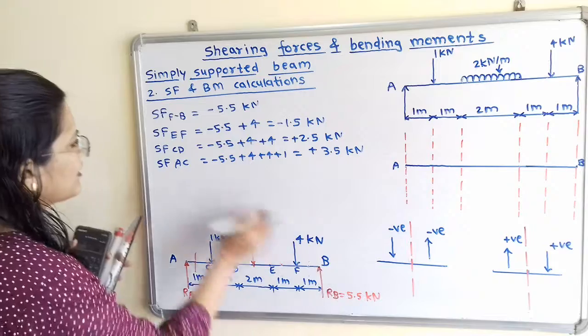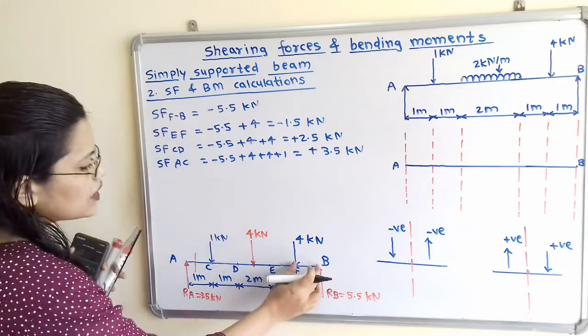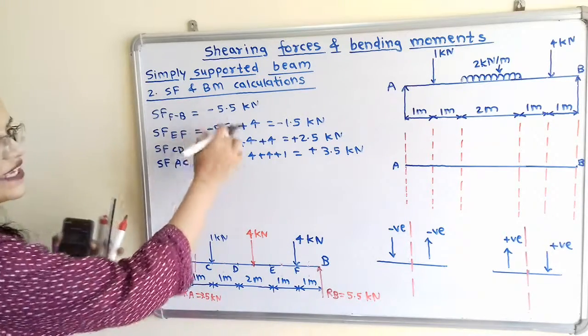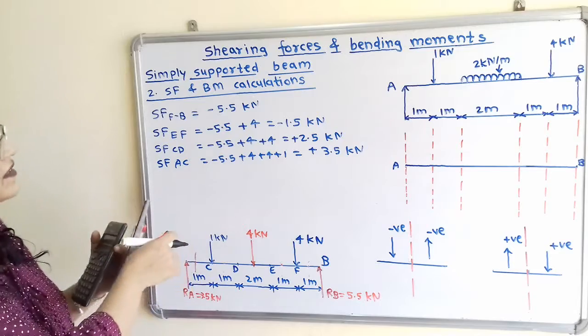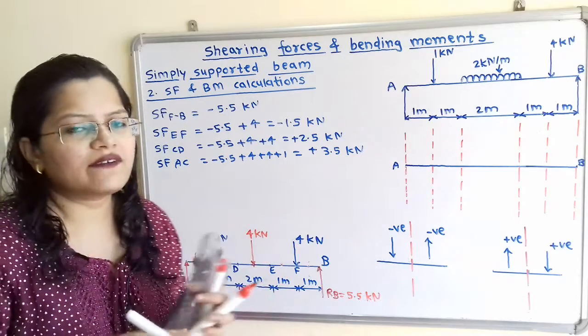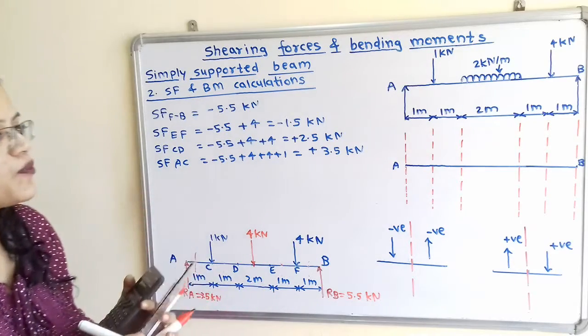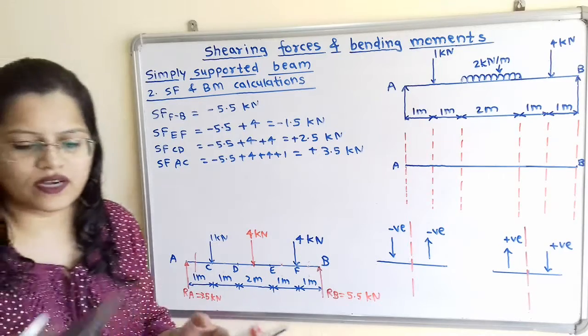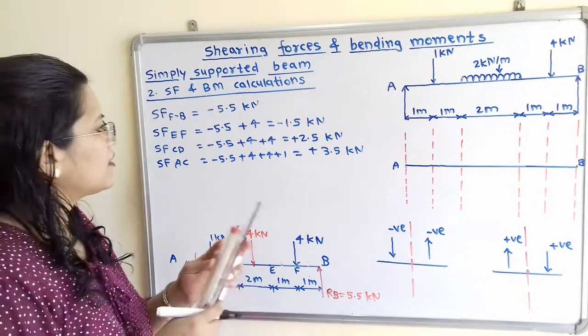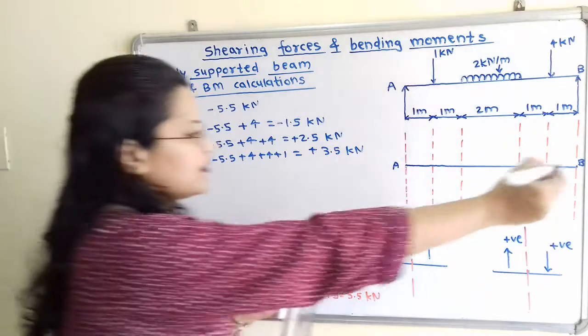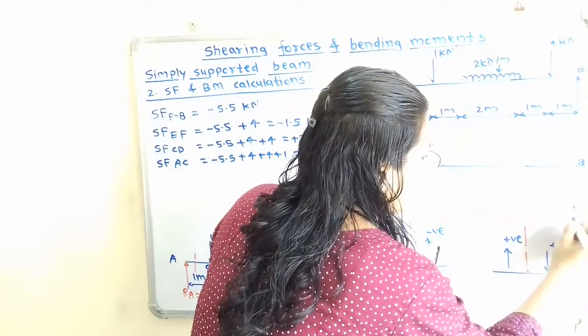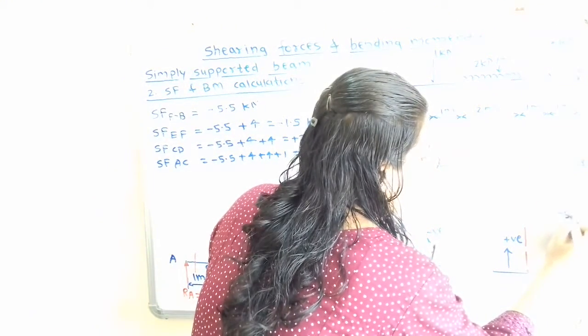We have calculated the SF value due to the point load. So this section has a negative sign, minus 5.5. So whenever there is a negative sign, we have to plot the value in the downward direction. So we will plot here minus 5.5.